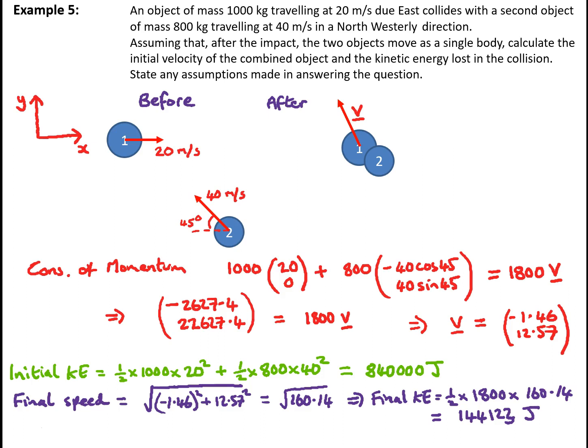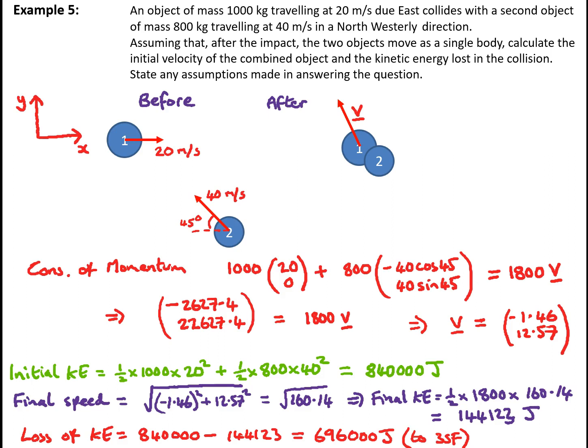So the kinetic energy that has been lost is 840,000 minus 144,123, which to three significant figures gives us 696,000 joules. Where's this kinetic energy gone?